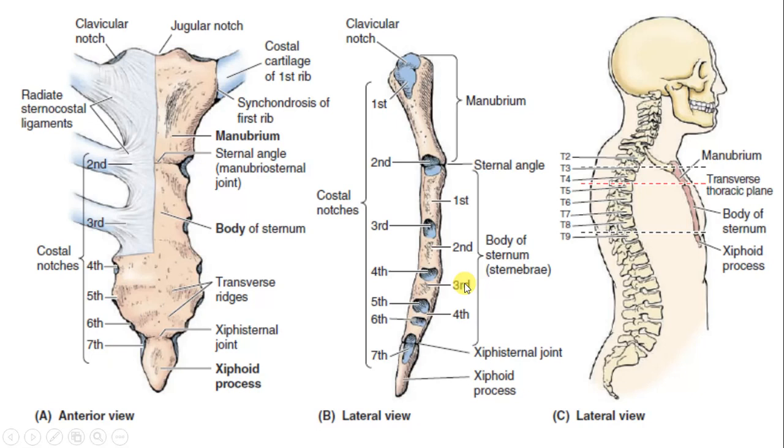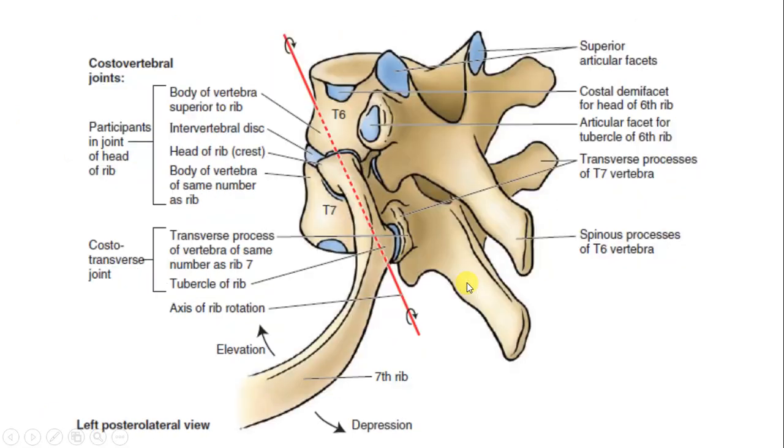Now, we have understood about the vertebra and the joints made by the vertebra. If in this diagram we calculate the number of joints made by one vertebra, say the T7 vertebra, one is with the rib above, other is with the rib below.